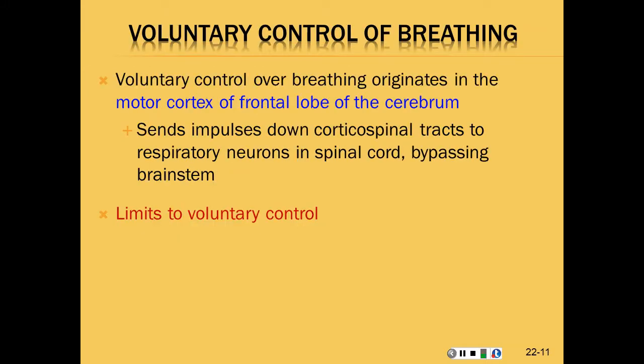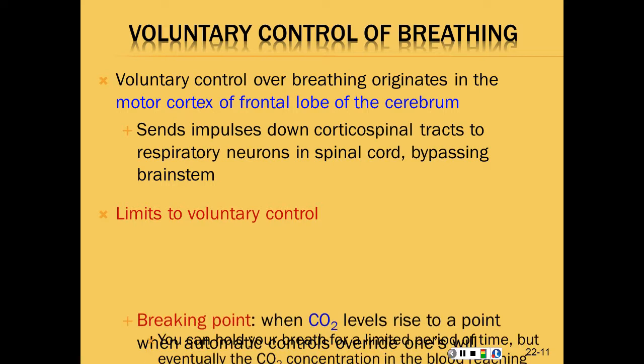Now, voluntary control of breathing is important in singing, speaking, breath holding, and other circumstances. Now, this control originates in the motor cortex of the frontal lobe of the cerebrum.